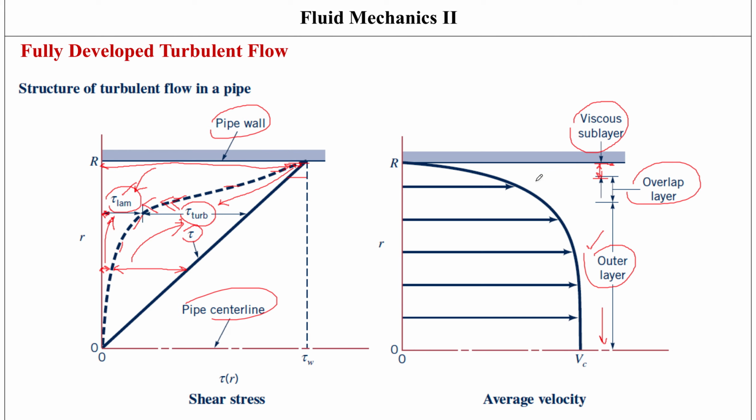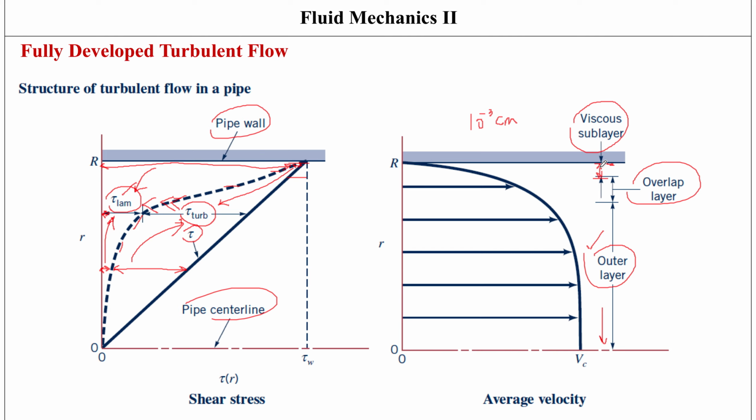To give you an example, if I had a pipe with a 10 centimeter diameter and the velocity of the flow was 3 meters per second, the viscous sublayer would be on the order of 10 to the power minus 3 centimeters, within a 10 centimeter diameter pipe. So you can go ahead and see what percentage that is of the total pipe diameter, and you will see how small this thickness is. Okay, so these two things are really important to consider.